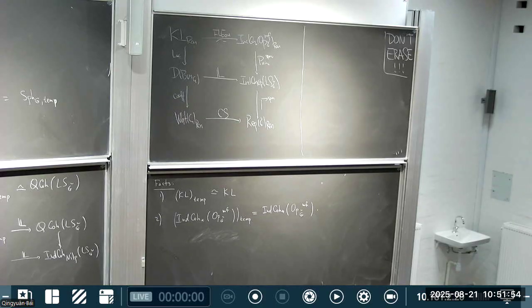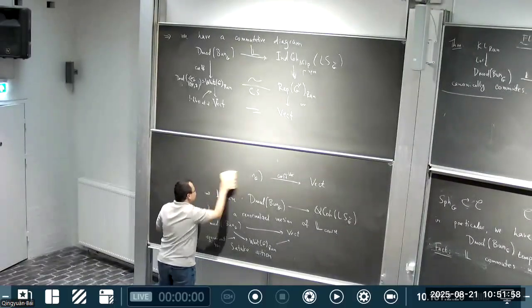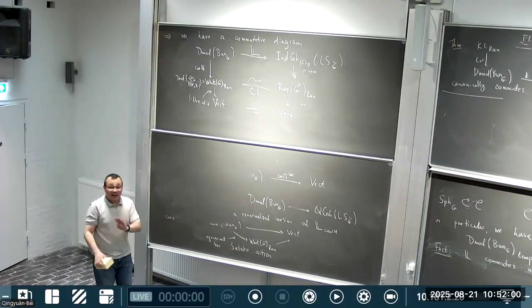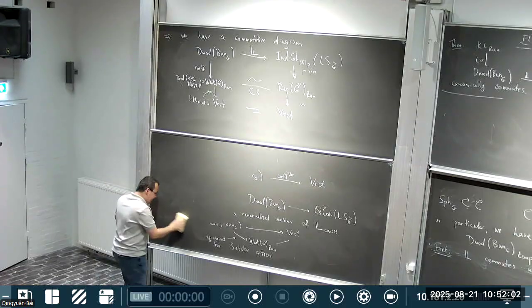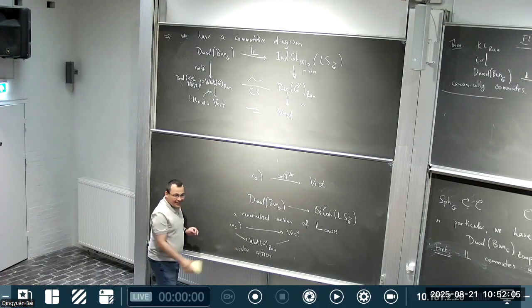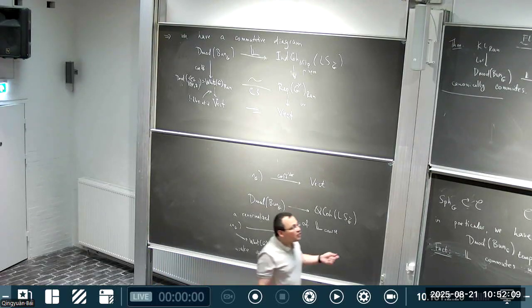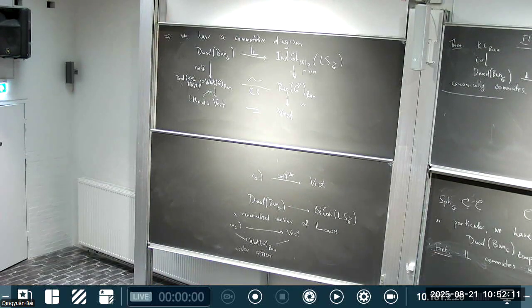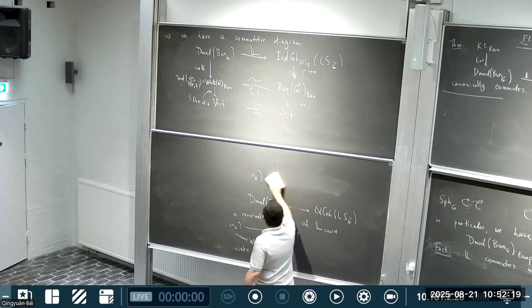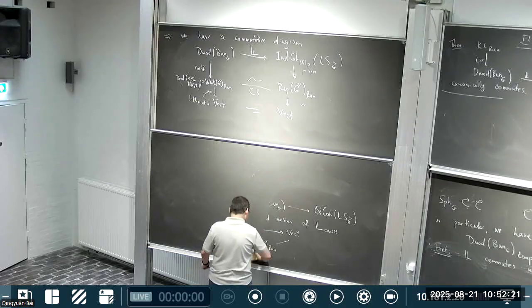But you need to know that the bottom composite goes to tempered, right? Well, you know that from the fact that FLE is an equivalence. Yeah, but then you use this as well. Anyway, certainly what I said suffices.